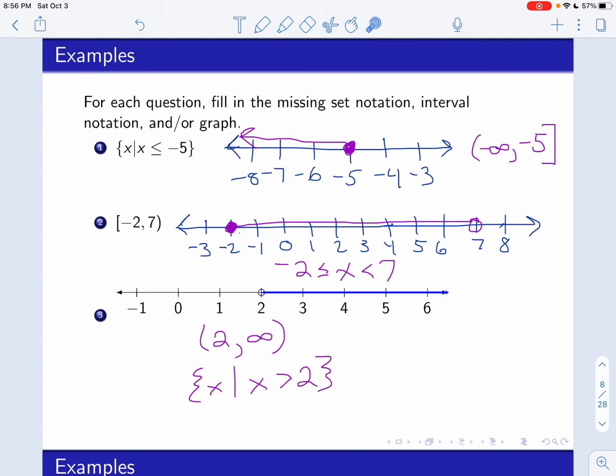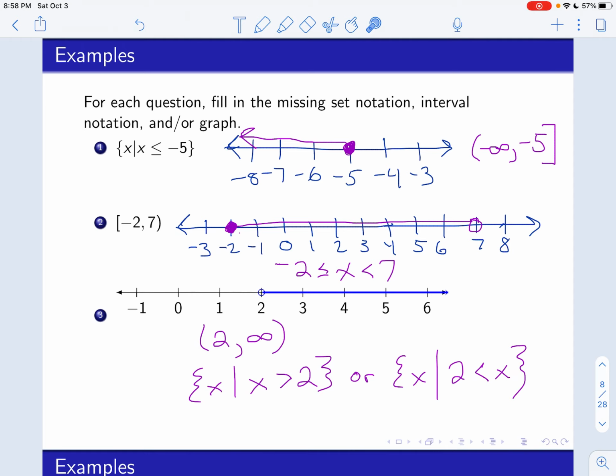Not greater than or equal to, because the open circle shows we're not including 2, but strictly greater than 2. It's worth pointing out that that would be the same thing as writing the set of x such that 2 is less than x.